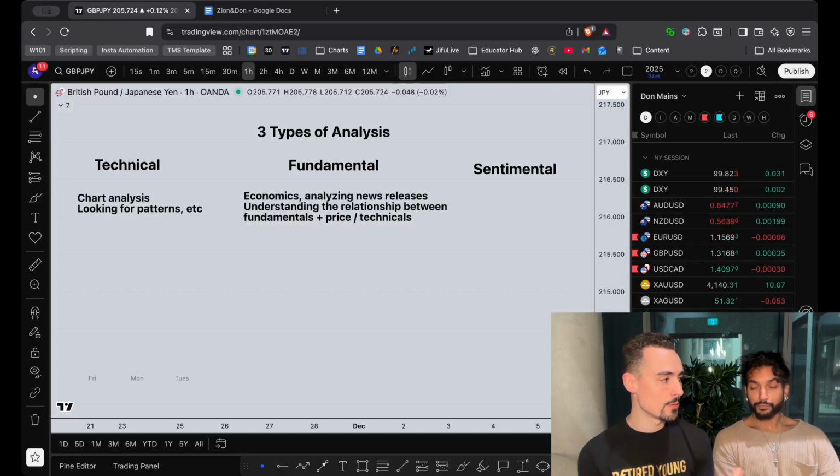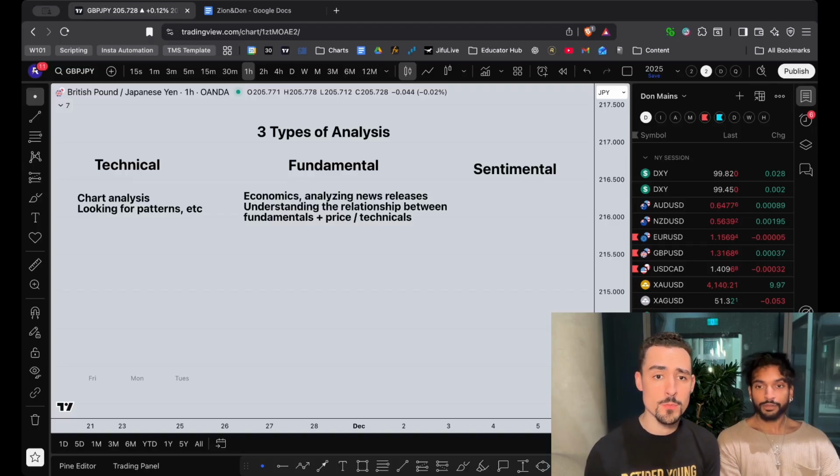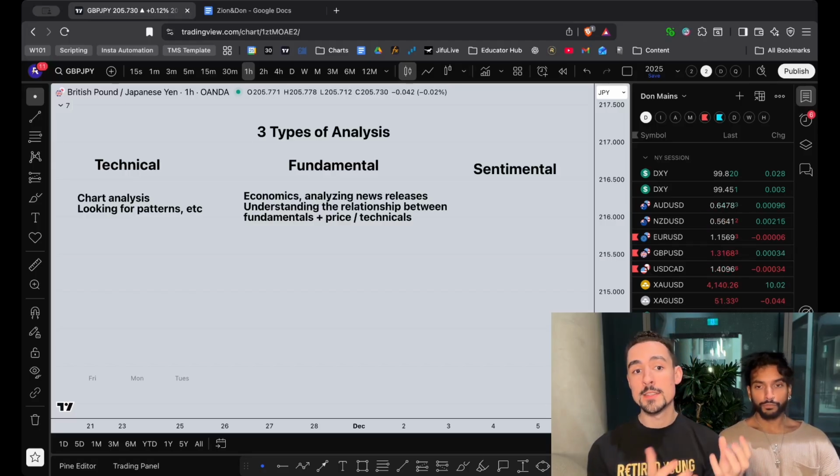We've done sessions and we've absolutely dominated NFP, CPI, these news releases in real time, and they are usually in a lot of cases the tops or bottoms of major trends. You can combine technical with fundamental and just be an absolute beast on the charts.